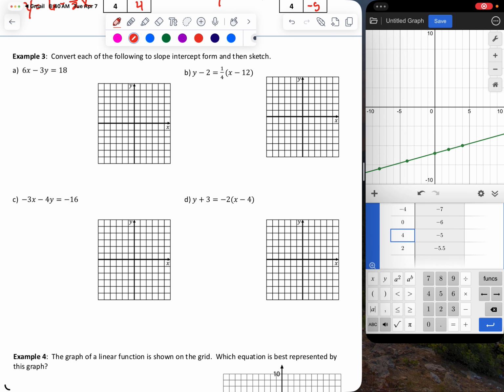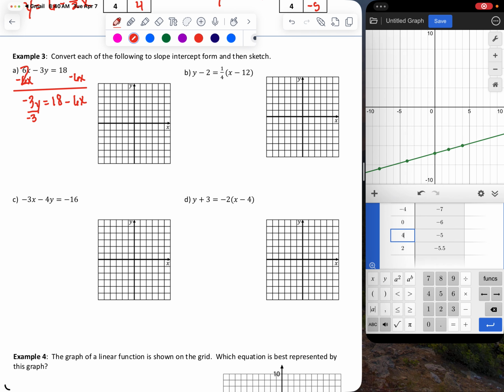So to move positive 6x, I would subtract 6x. So this will zero out, leaving me negative 3y equals 18 minus 6x. Now, divide by the coefficient of y.